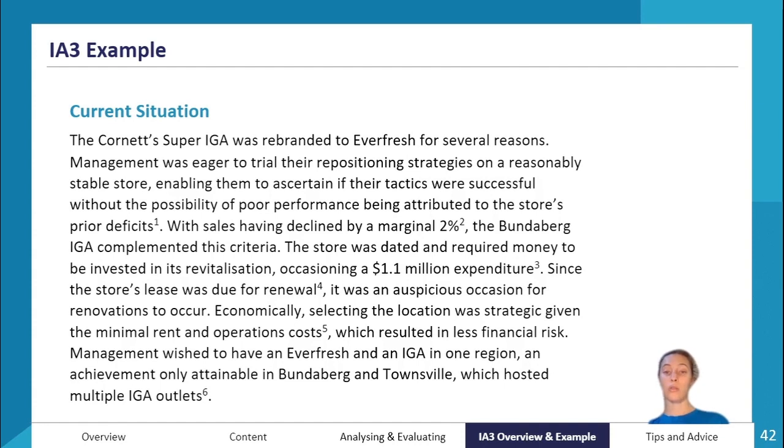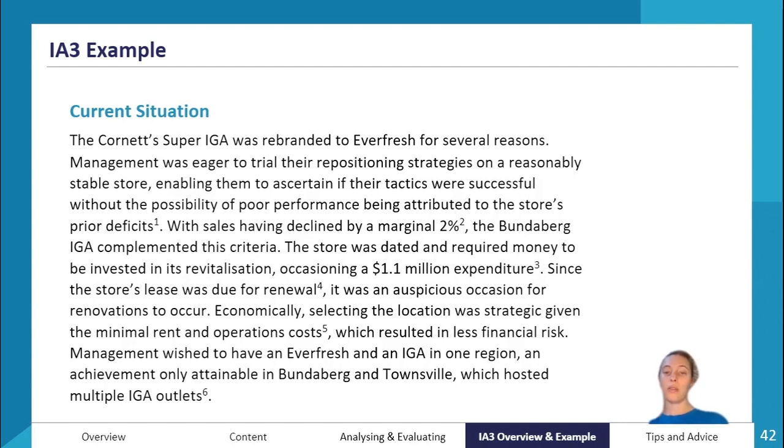So marginal 2% sales decline, and $1.1 million in expenditure on revitalizing the business. We're looking at lease renewal, why the business was selected for the repositioning strategy. That is the current situation in this case.